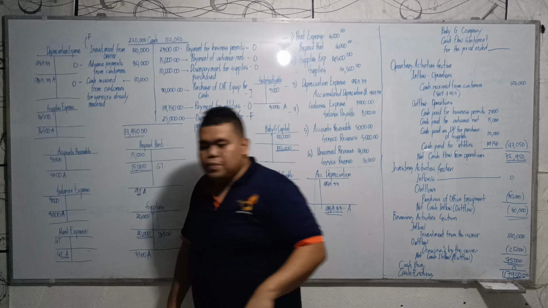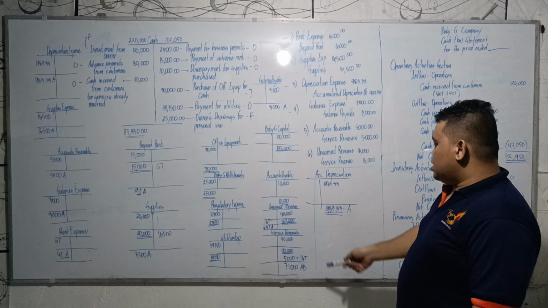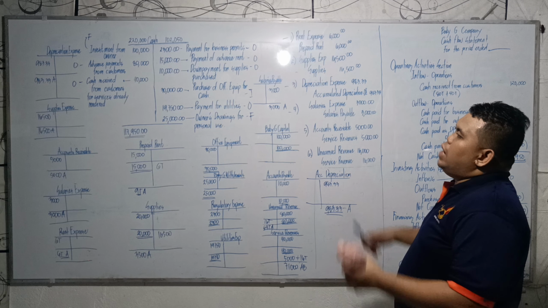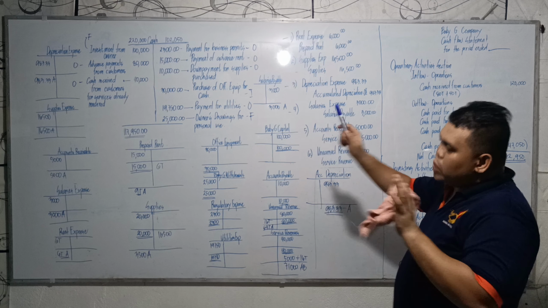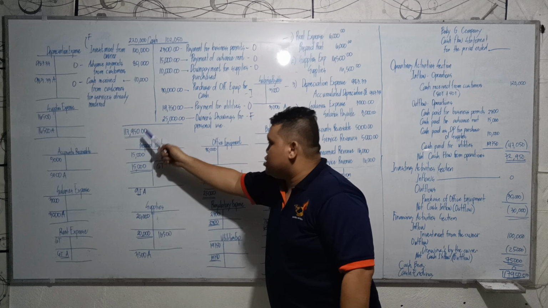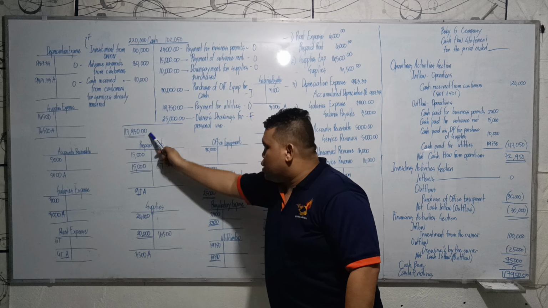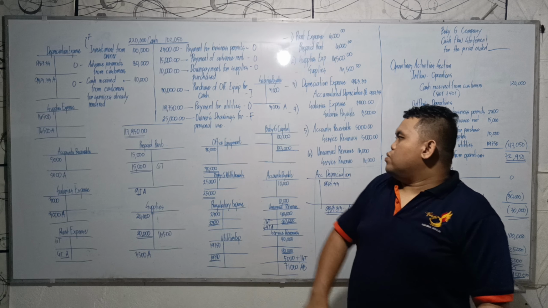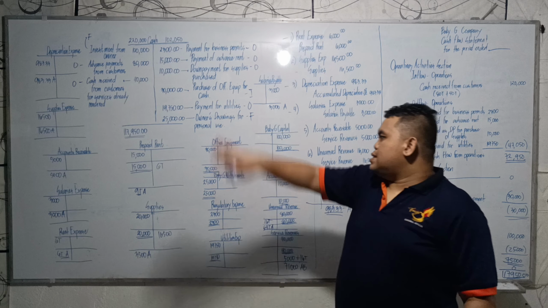So, the first one that you should do under step 8, but before we go to step 8, these adjusted balances right here, and those unadjusted as well as adjusted balances like this cash, are considered adjusted balances.